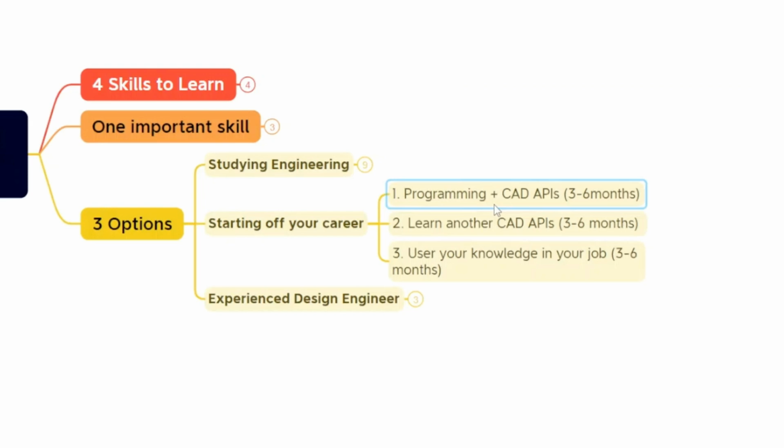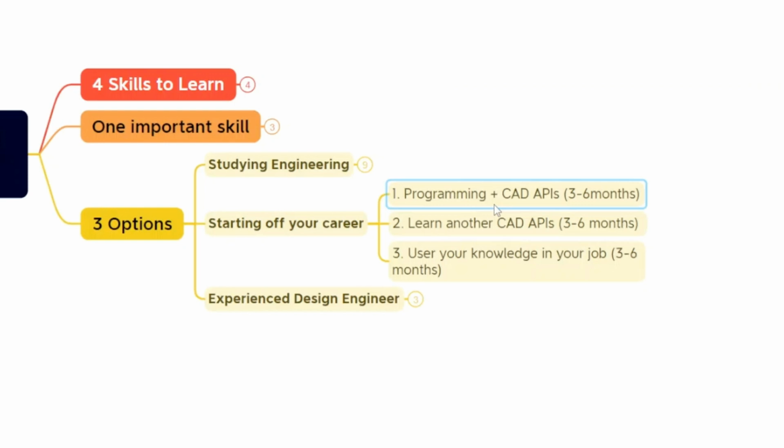As I said earlier as well, you must do a lot of practice sessions, and if there is enough support you are getting for that, that will be a much better program to enroll into. You finish this first program in the first 3 to 6 months. Then, once you feel that you are good at that, you enroll into another CAD APIs program following the same language that you learned in the first program.